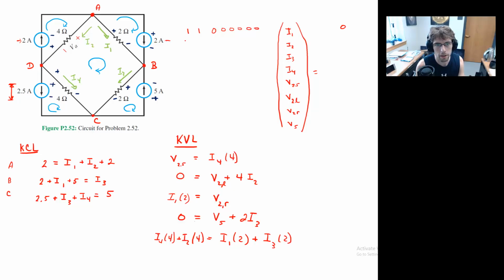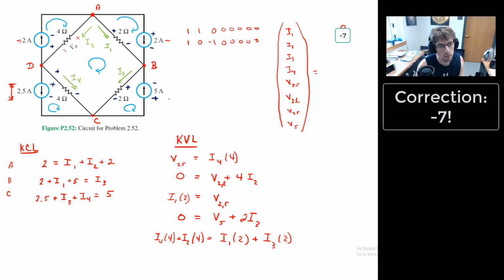Well, I have the 1, I1, no I2, a negative I3, and then the rest of these are 0. And then I better move the 2 and the 5 to the other side. So I get a negative 3. Third one, I have 0, 0, 1, 1, 0, 0, 0, 0, and I move the 2.5 to the other side, and so I get 2.5. Good?